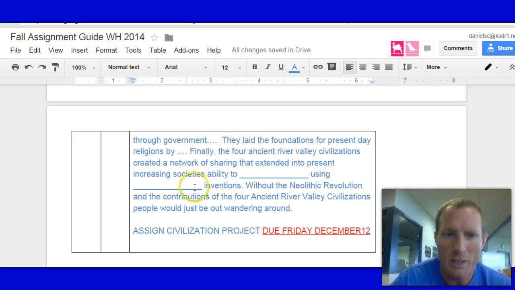Finally, the 4 ancient river valley civilizations created a network of sharing that extended into present day, increasing society's ability to blank using blank inventions. This is where you put in whatever you found with your inventions and how they impacted society. Without the Neolithic Revolution and the contributions of the 4 ancient river valley civilizations, people would just be out wandering around, and that is no good.